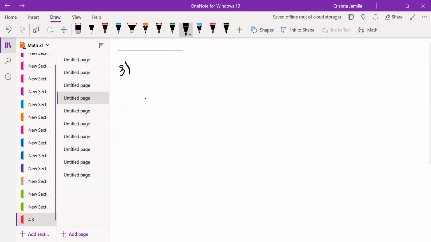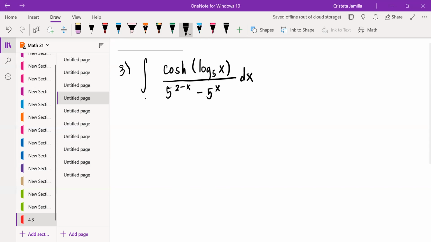The third item is hyperbolic cosine of log of 5x over 5 to the x minus 5 raised to negative x, dx. Apologies for the typo. That should be hyperbolic cosine of x.